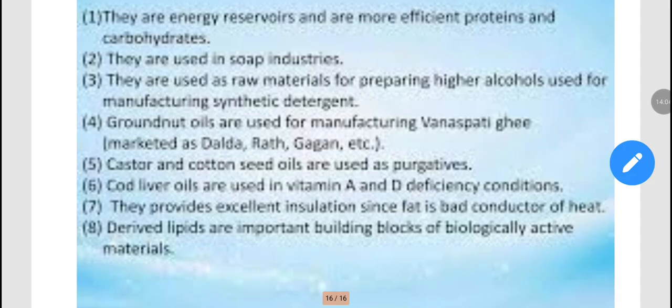Groundnut oils are used for manufacturing vanaspati ghee. Castor and cottonseed oils are used as purgatives. Cod liver oils are used in vitamin A and vitamin D deficiency conditions. They provide excellent insulation since fat is a bad conductor of heat. Derived lipids are important building blocks of biologically active materials.